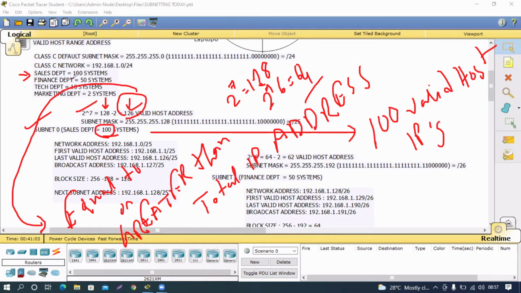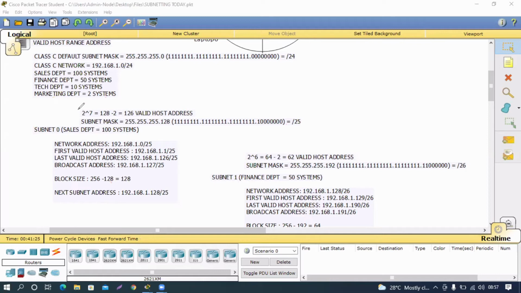The requirement is 100. So whatever value you get by subtracting 2 from the total number of IP addresses, always make sure that this value is equal to 100 or greater than 100. It should not be less than 100. Getting my point? So this is the calculation we're doing.